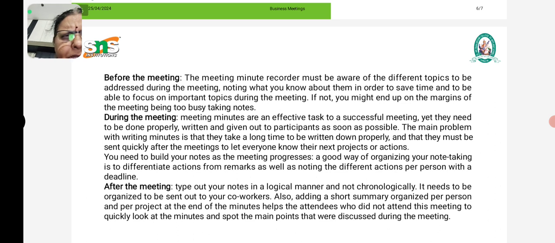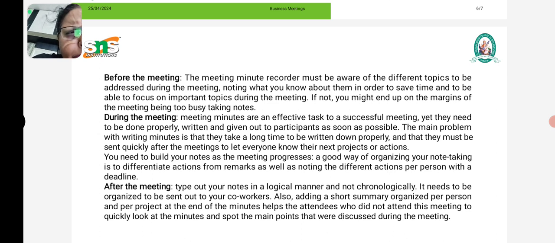Before the meeting, minute takers must be aware of the different topics to be addressed during the meeting. Noting what you have to do in advance will save time and let you focus on important topics during the meeting, otherwise you might end up being busy taking notes.